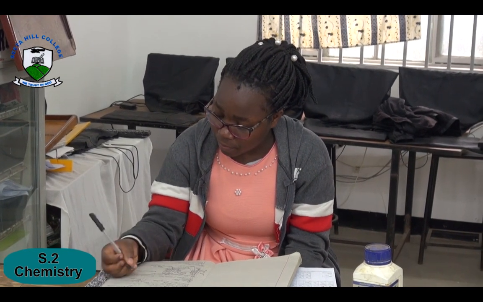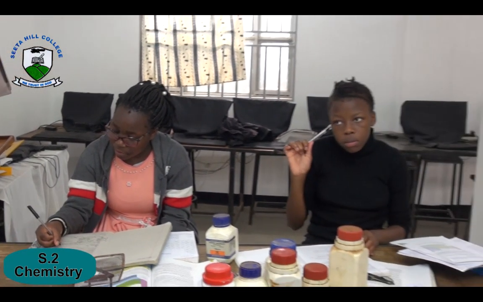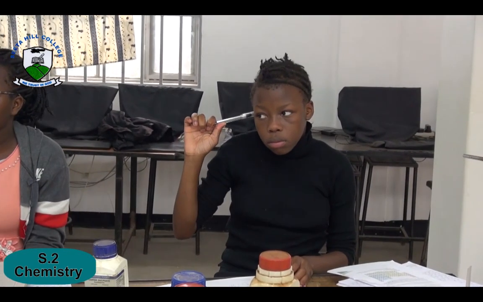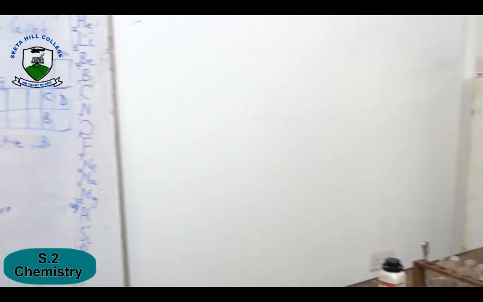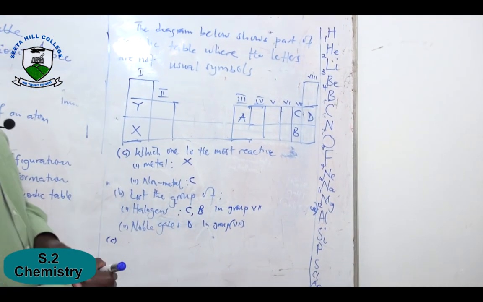List the group of halogens. Which elements belong to those halogens? C and D. That is C and D in group what? Group 7. C and B in group 7. Noble gas? D. D in group 8, or group 0. Yes.